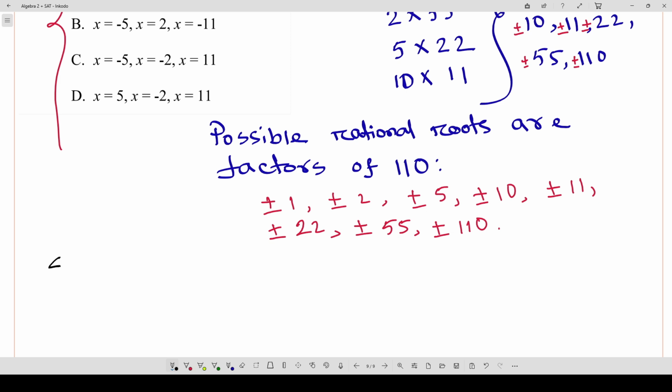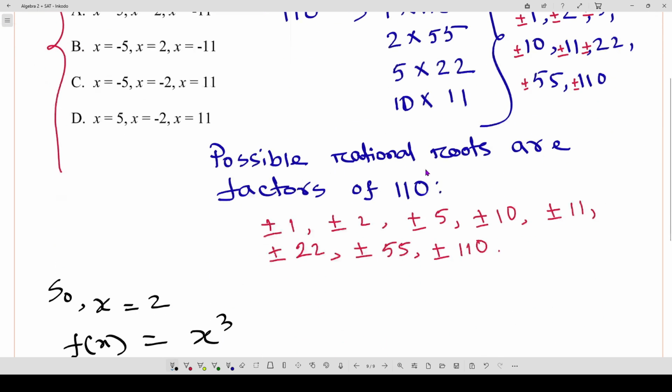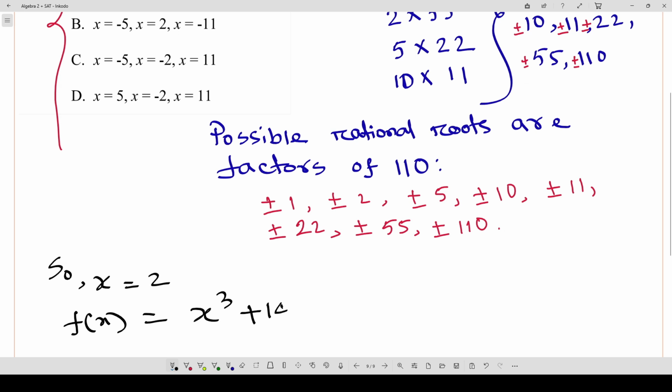So x equals 2. Then we can write function of x, x cubed plus 14x squared plus 23x minus 110.